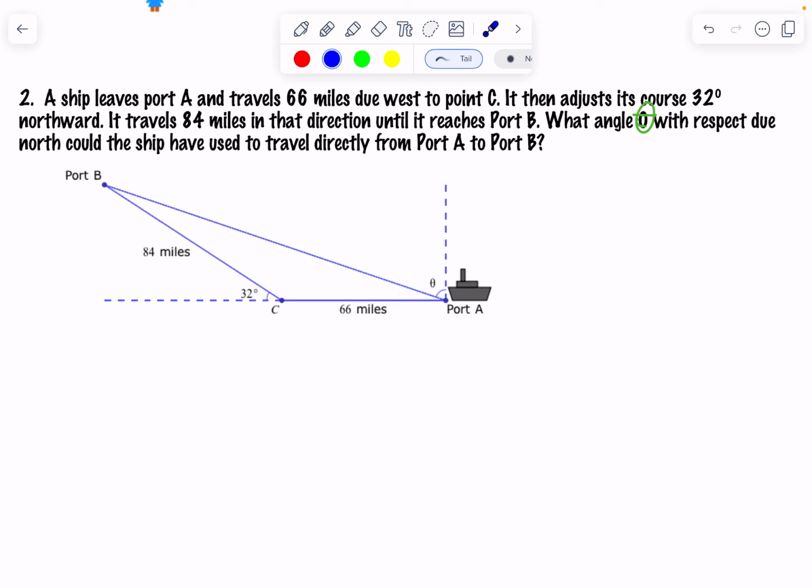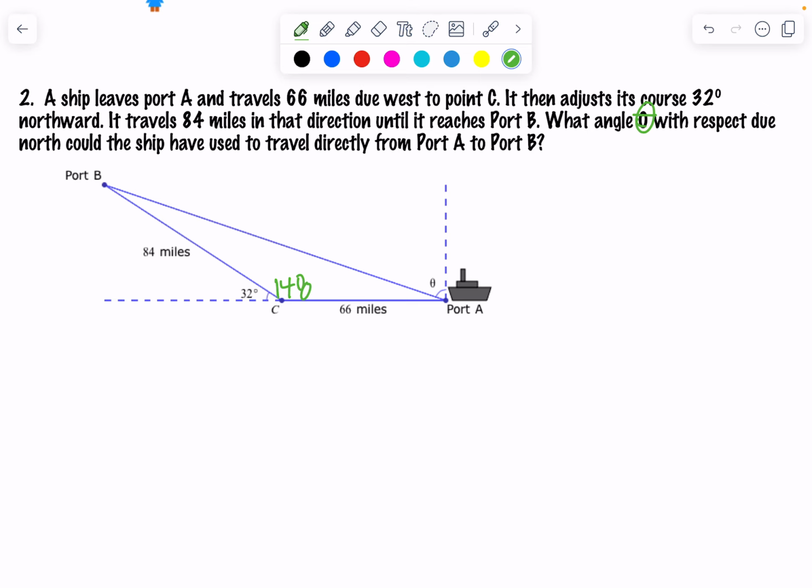All right, so how we're going to do this? We are going to need to find this length first, okay? So we're going to use law of cosines. What we're going to do is this is going to be 148 on the inside because now this is an SAS triangle, right? SAS. So now we could use law of cosines.